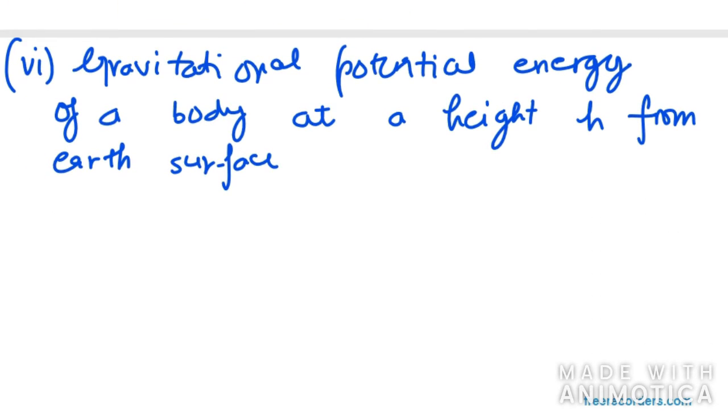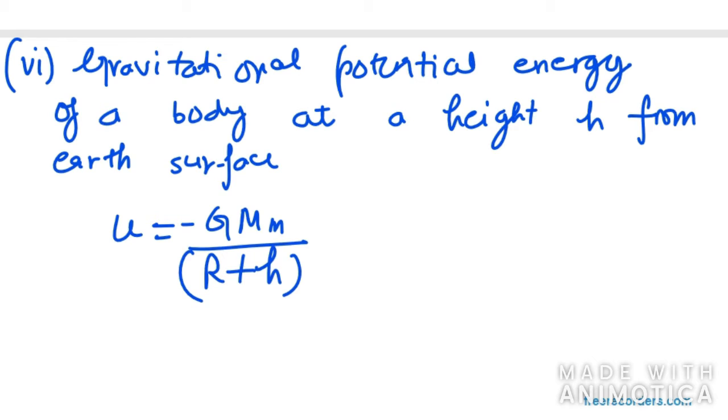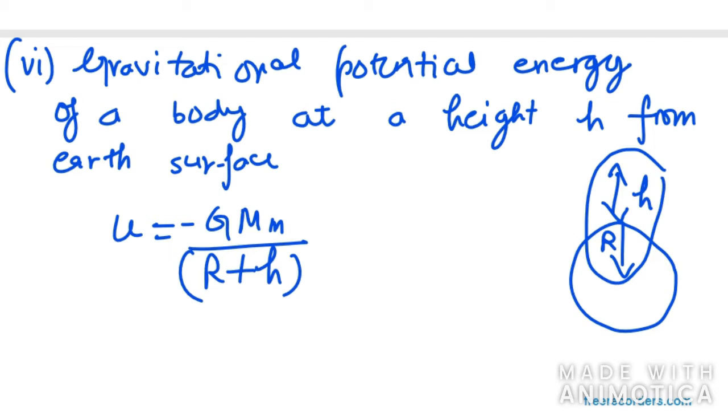So as you know how to define U now, it will be minus GMm over r plus h, because whenever we have a potential energy with respect to height, we need to consider an extra h here. So it will be r plus h.